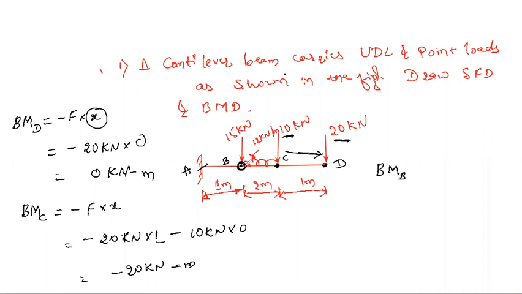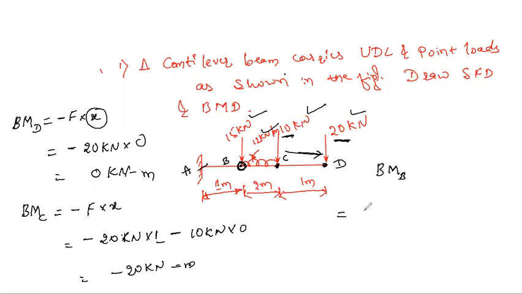To calculate the bending moment at this point, what we need to do? At this point we have approximately 4 forces acting to the right of this point: 1, 2, 3 and 4. First force is 20 kilonewton.